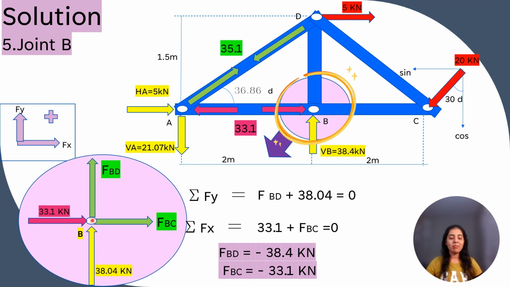So FBD acting away from the joint. So these are all linear. So let's apply equations of equilibrium and find out the forces FBC and FBD, the member forces.